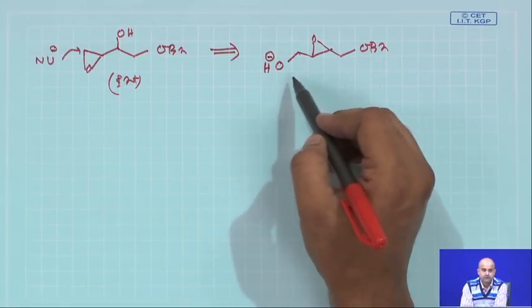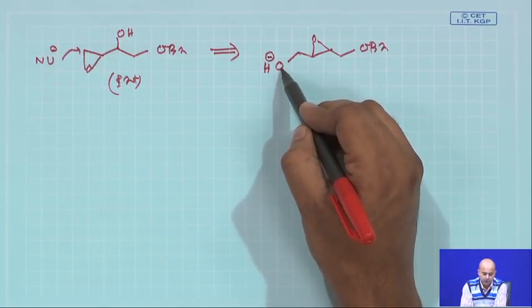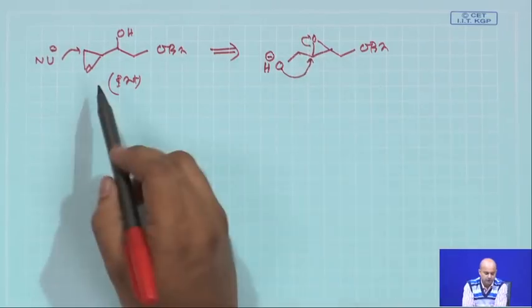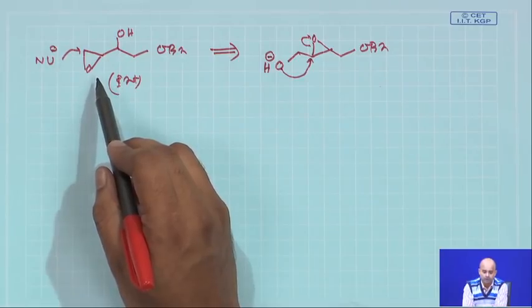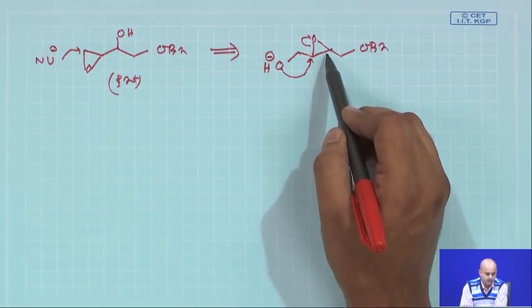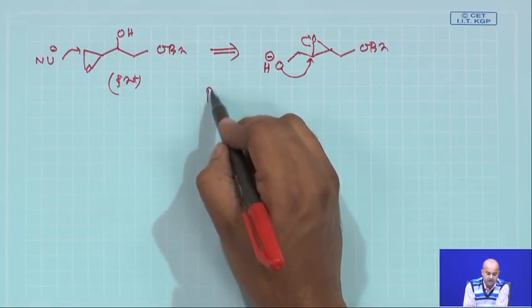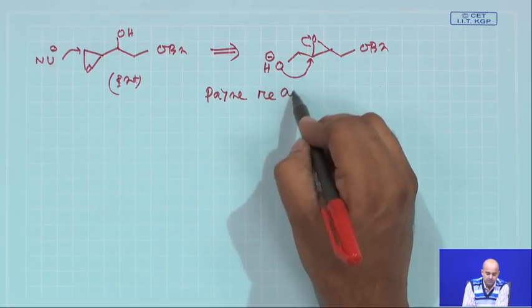Now, this alkoxide serves as a very good nucleophile, and if this nucleophile attacks here to open the epoxide, you basically get this compound. So, this is a rearrangement of an internal epoxide to a terminal epoxide. And this particular reaction is named the Payne rearrangement.